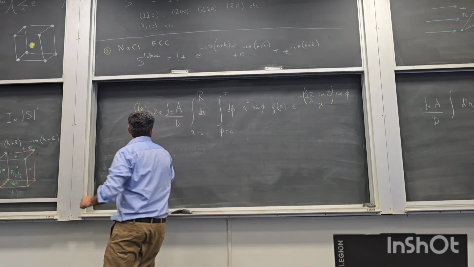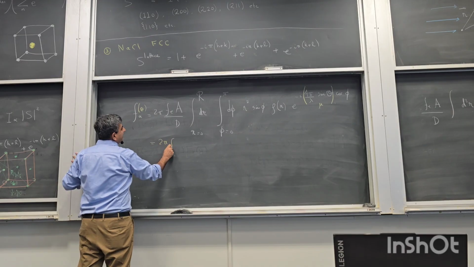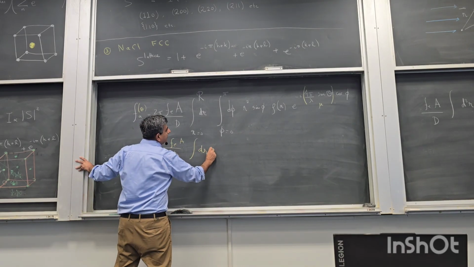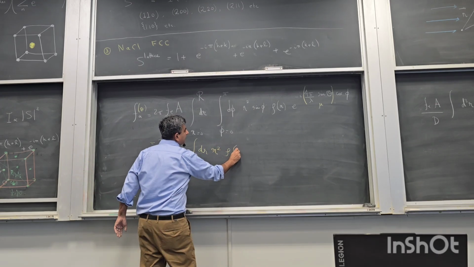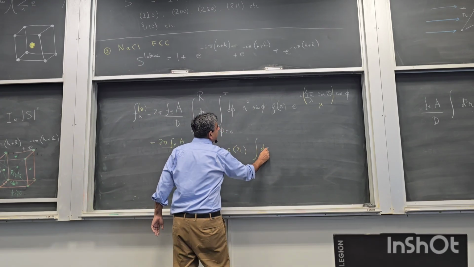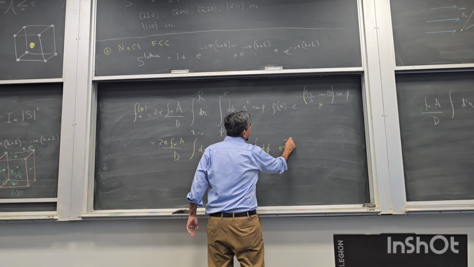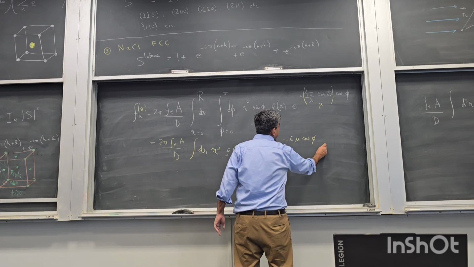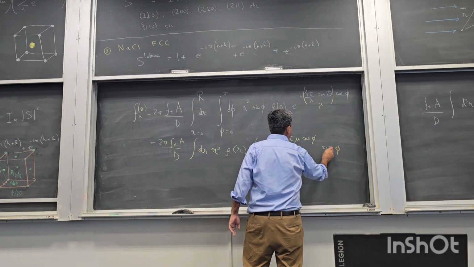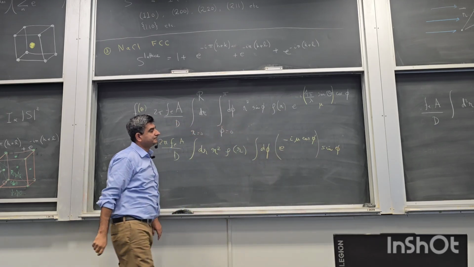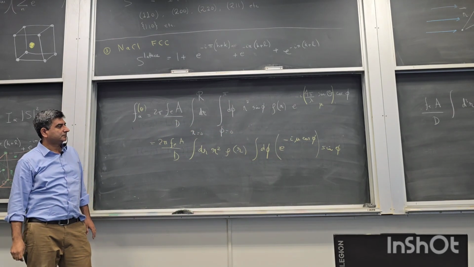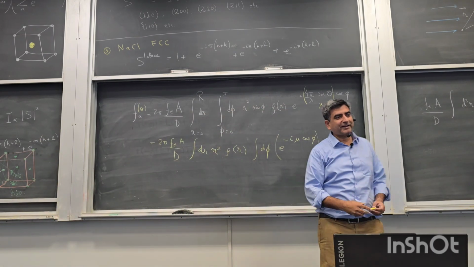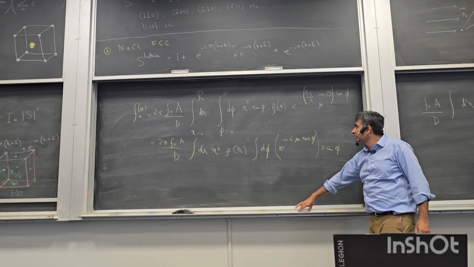So this becomes 2 pi Fe a over d, integral dr r square rho r, integral d phi e minus i mu cos phi and sine phi. Okay? So I need to integrate this, and that I can easily do by substitution.